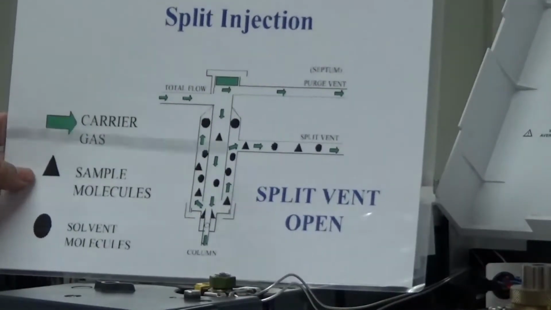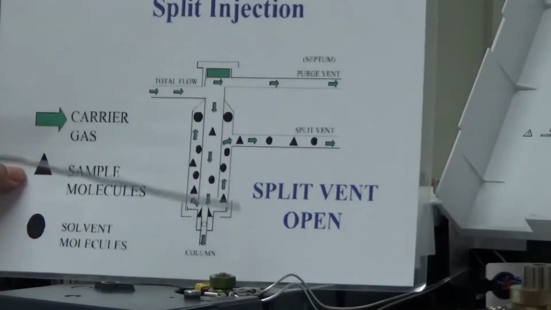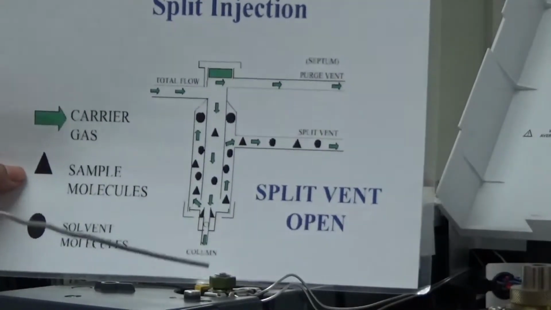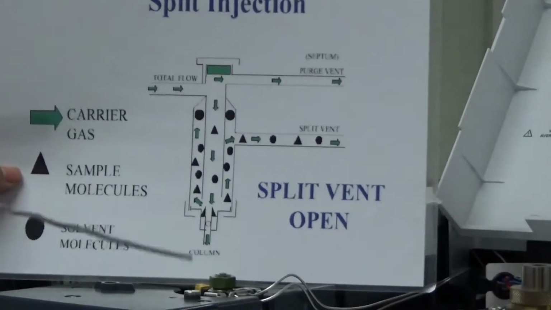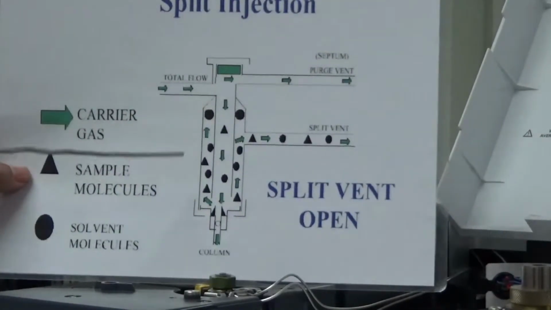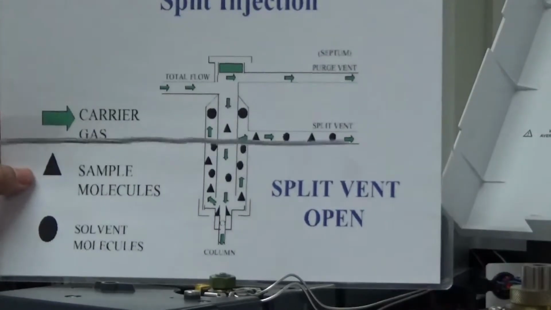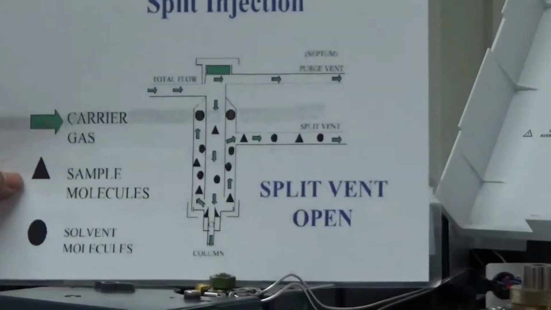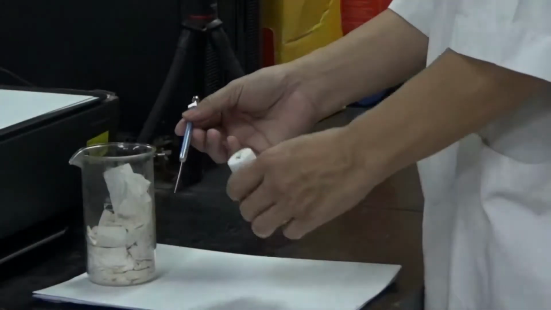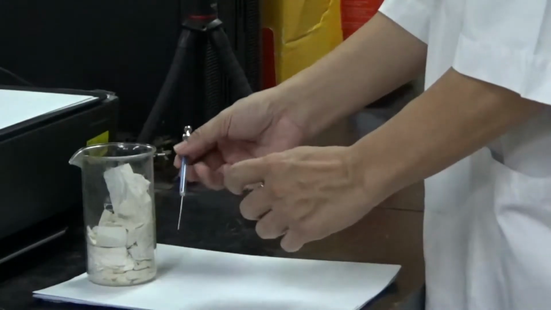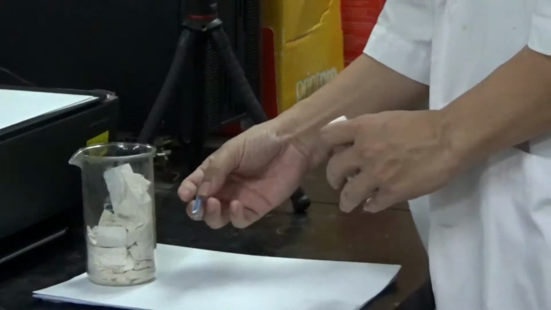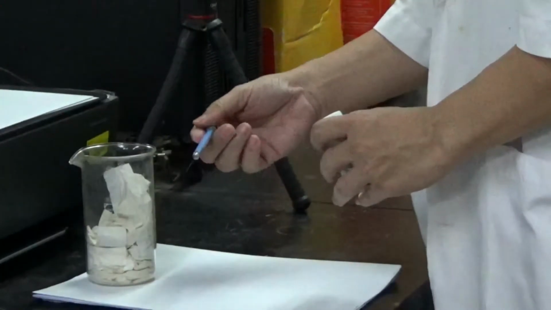If it is split, the amount of the sample will be divided according to the ratio set in our system, and the residual will be sent to the vent system of the oven. The technique to take the sample uses a micro syringe, which is about 10 microliter.